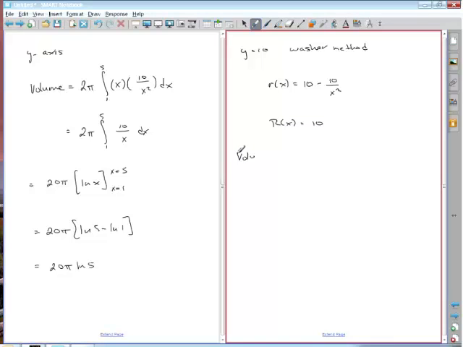So the volume using the washer method is pi, the integral from 1 to 5 of large R of x squared minus small r of x, the whole thing squared, all times dx. So remember, this is big R of x, little r of x. We square them and subtract them.